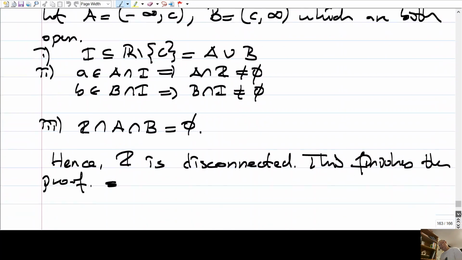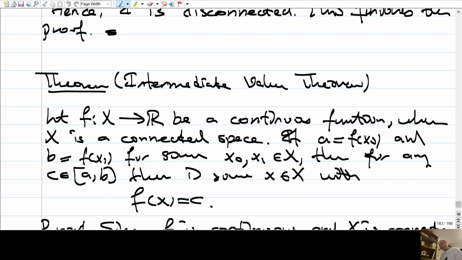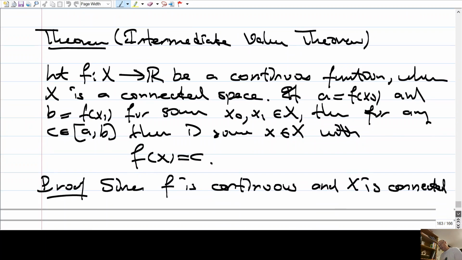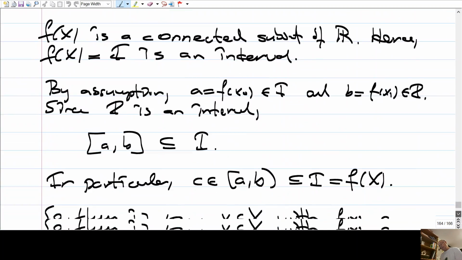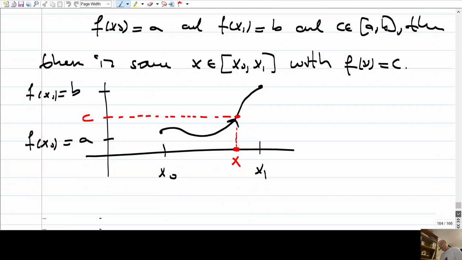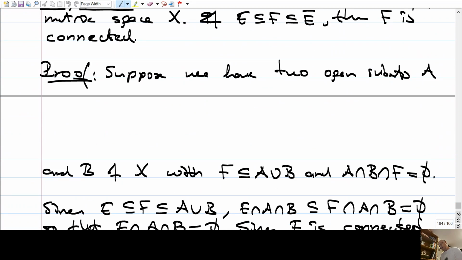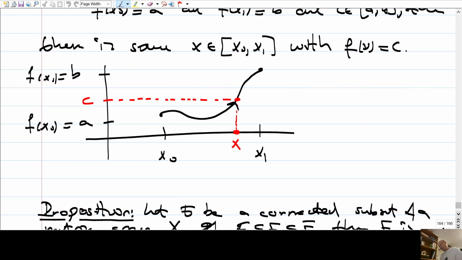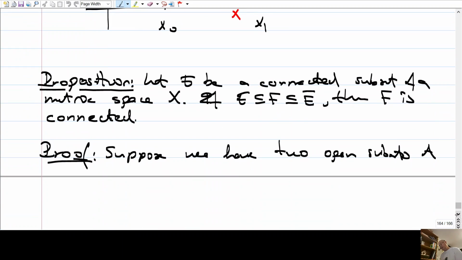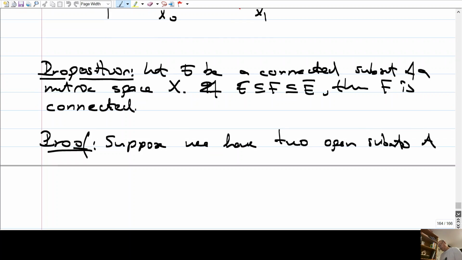We proved this. We proved the intermediate value theorem. And we showed that if you have a connected set, anything between the connected set and its closure is also connected.